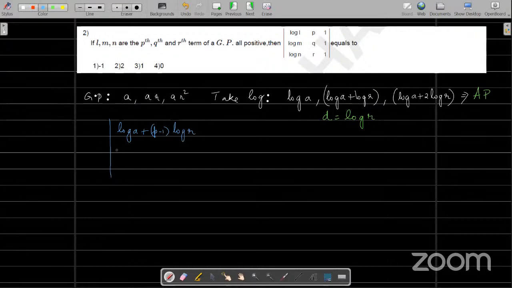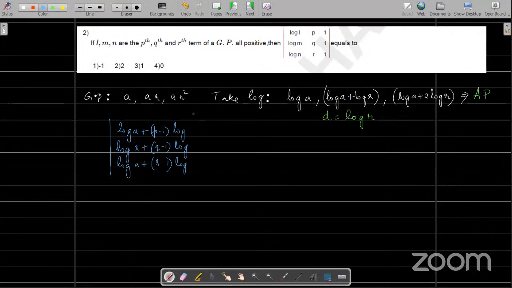Similarly, log M will be log A plus, it's the qth term, so Q minus 1 into log R. Similarly, log A plus R minus 1 into log R. Okay, there is an R here already. I should have changed it to something else. So maybe let me call this common ratio as some other variable.